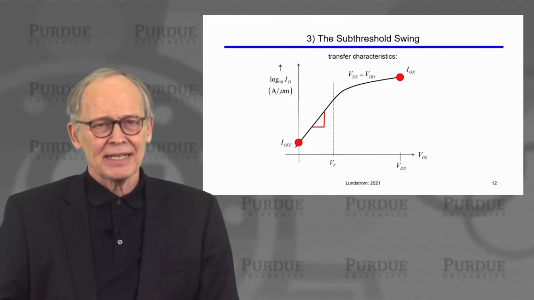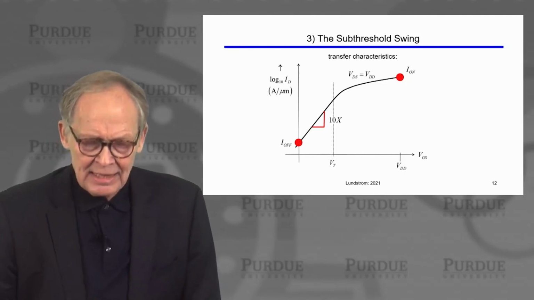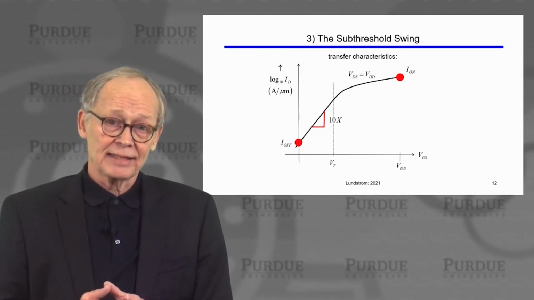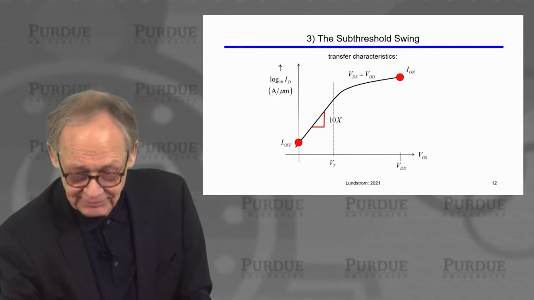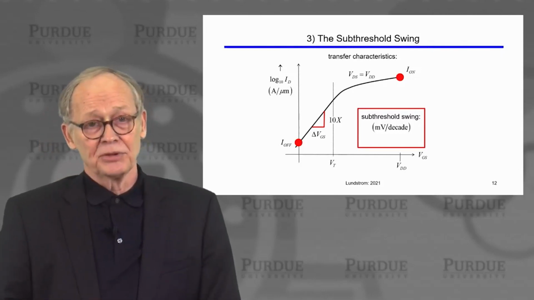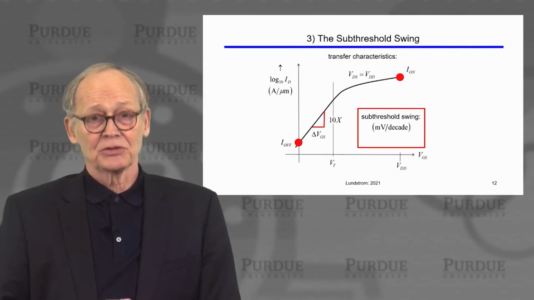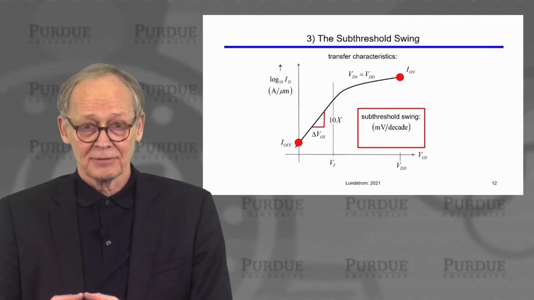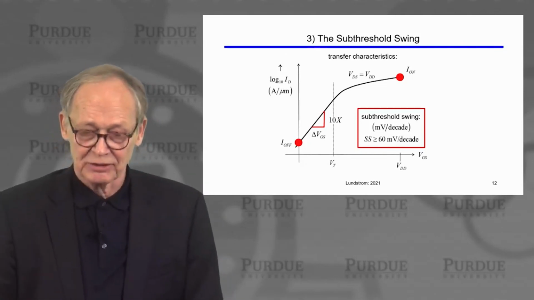We measure that in a parameter we call the subthreshold swing. We simply ask how much increase in gate voltage does it take to increase the drain current by a factor of 10. That change in gate voltage to produce a factor of 10 change in drain current is called the subthreshold swing, and we typically measure it in millivolts of gate voltage per decade of increase in output current, drain current.